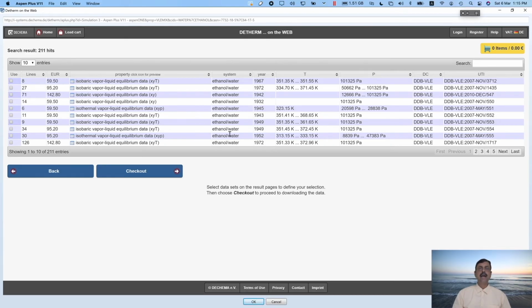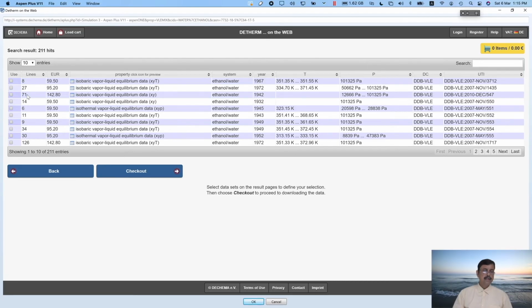What does it mean? Each and every line has a pair of data. So 8 lines means we have 8 pairs of XY data. For 71 lines, we have 71 pairs of XY data.